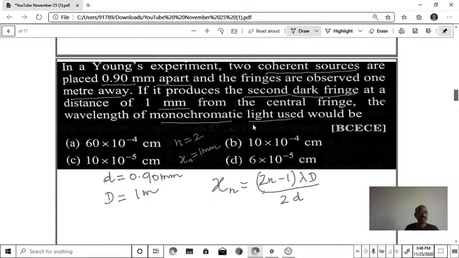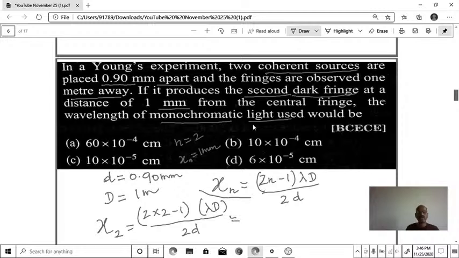Now substitute here. What is the question? Second dark fringe, so n equal to 2. Substitute now: 2 into 2 minus 1 into lambda D, keeping it as lambda D only, by 2d.